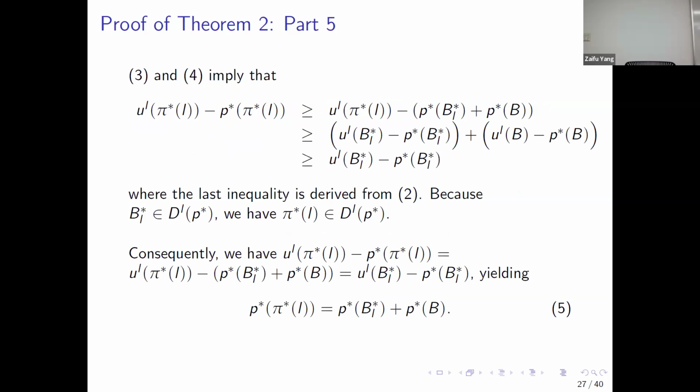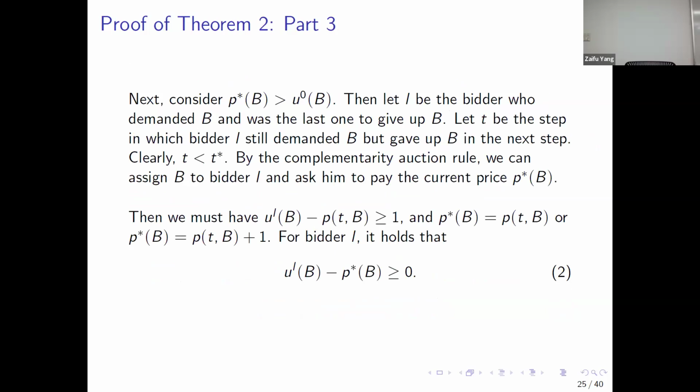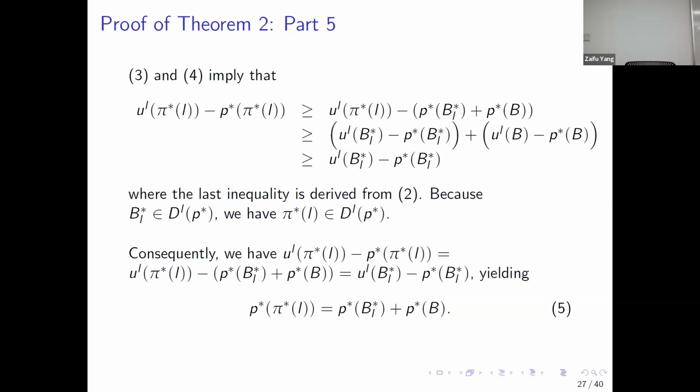So this one, and this one, you have separately. Then the last inequality is derived from this one, this one. So this shows that we have this one.